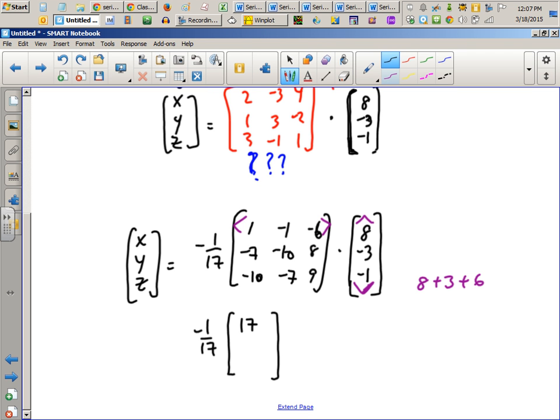All right? Now we're going to go on and do the second row vector, dotted with the column there. Now we've got a negative 56, we've got a plus 30, and a minus 8. So that was a negative 56, a plus 30, and a minus 8. And those add up to negative 34.